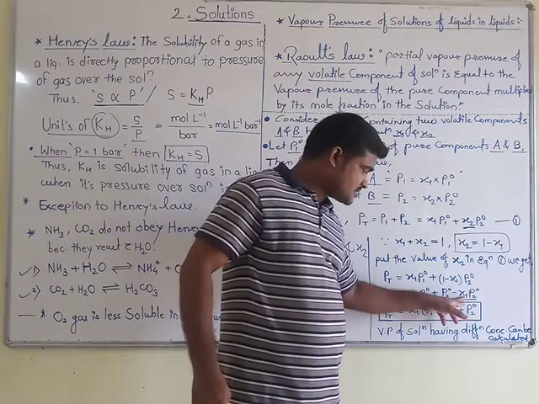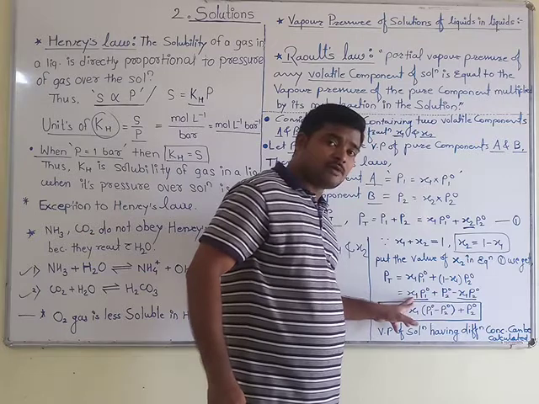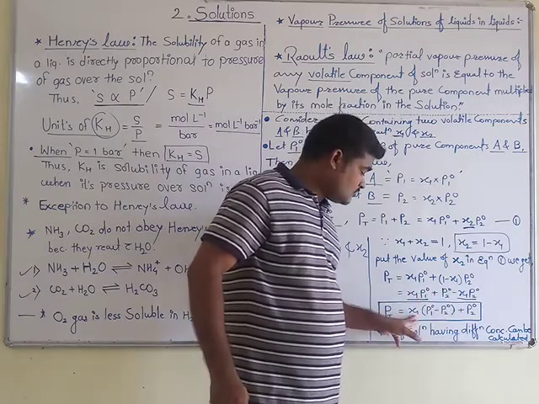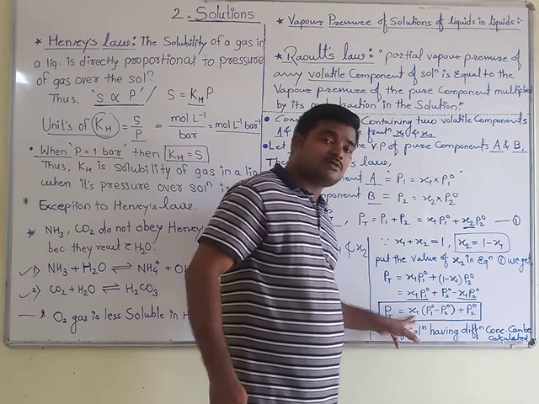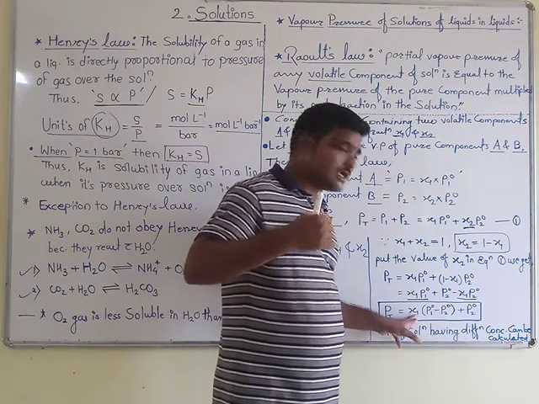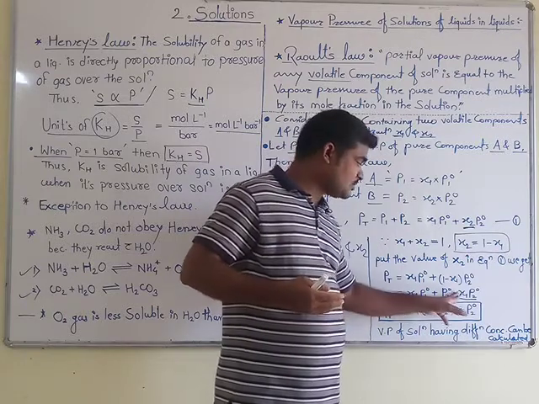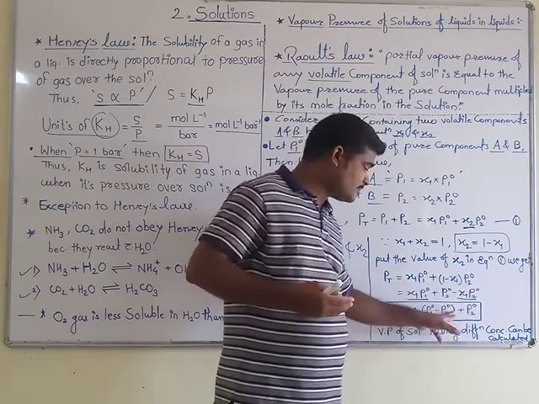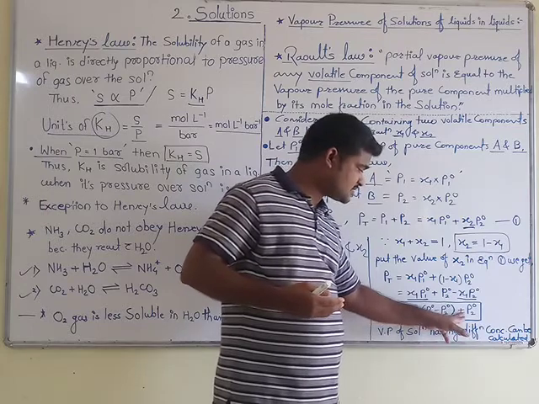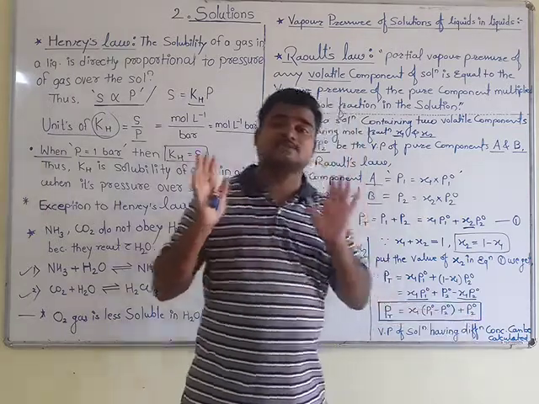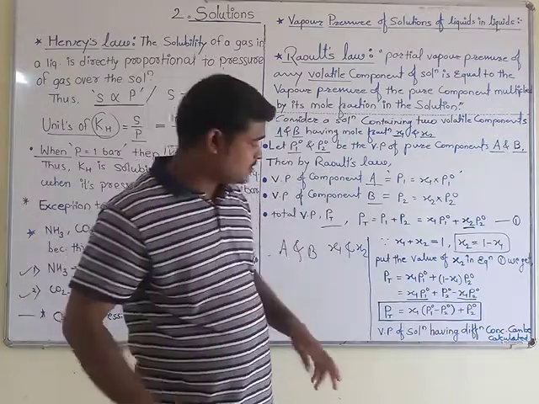The term X1 is common in both these terms, so we take X1 as common and write it outside the bracket. Inside the bracket, what remains is P10 minus P20, which we write as it is, plus P20, which we keep as it is with its plus sign.